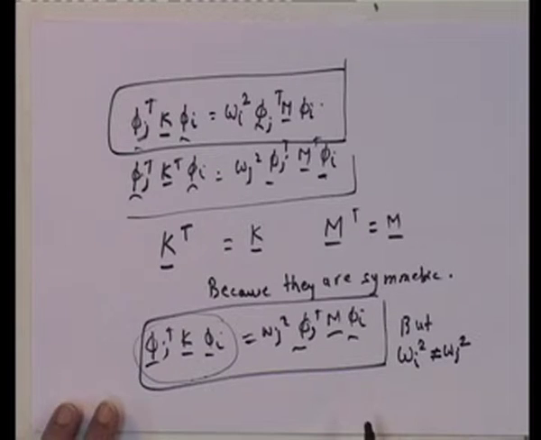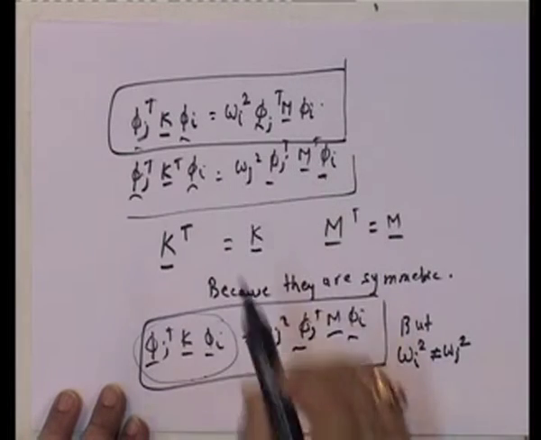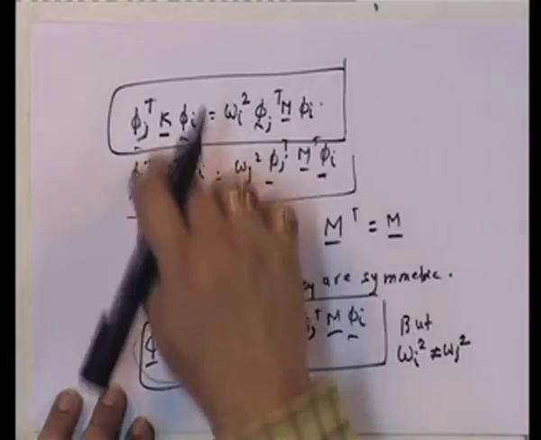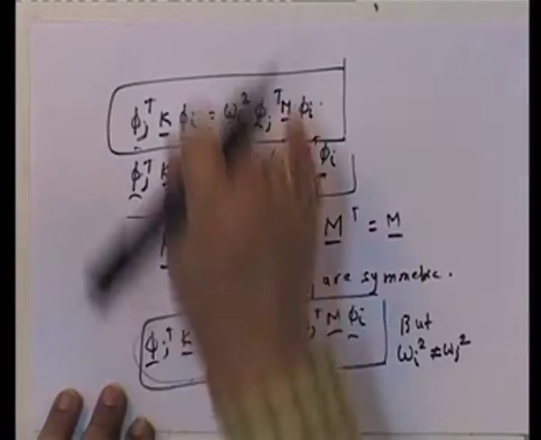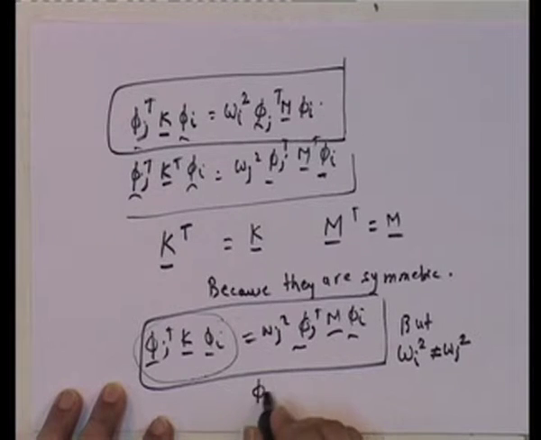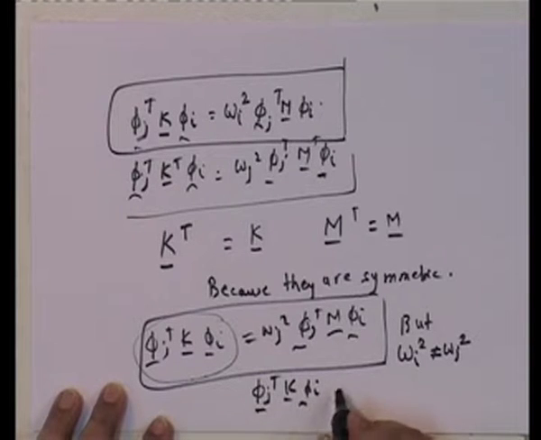So, if you have a situation like this, where omega i and omega j are not equal to each other, but both sides are identical, what does that mean? By definition, that means that phi j transpose K phi i is equal to 0. Okay?